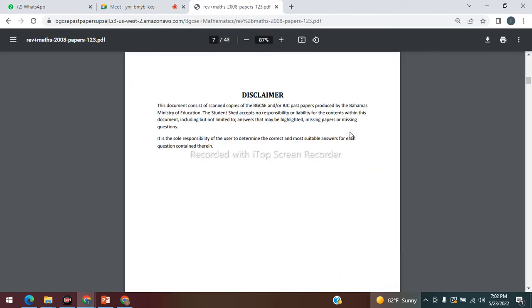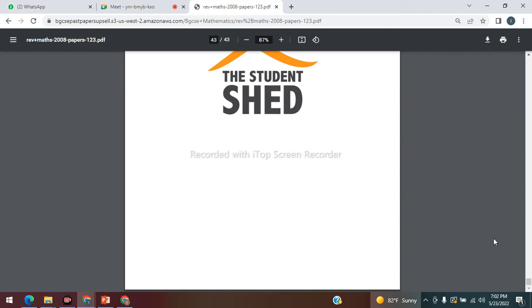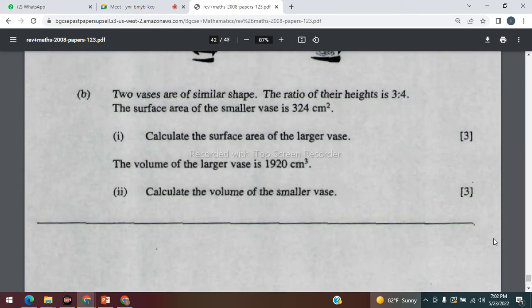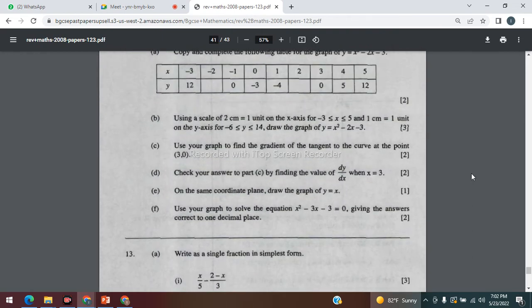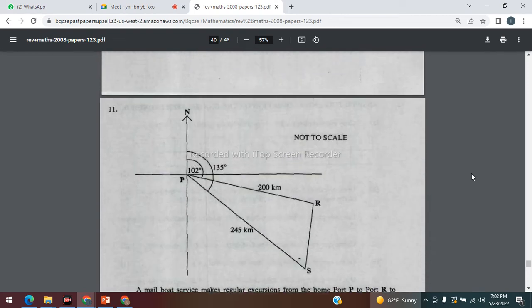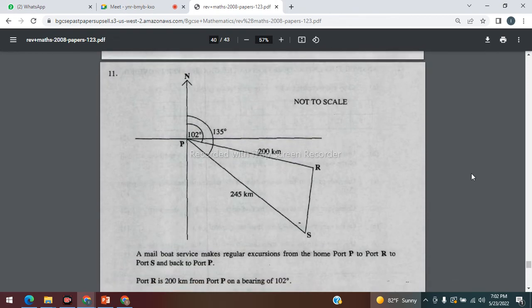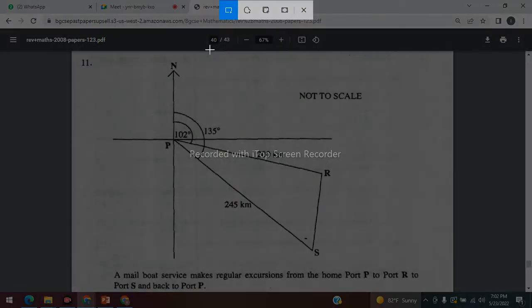So we're looking for any bearings questions, particularly in paper 3. If we find any in paper 3, that's what I'm really looking for. And then if we find one in paper 2, we can go over the paper 2 ones and so on. Okay, perfect. There we go. A bearings question right off the cuff. So let's look at this.